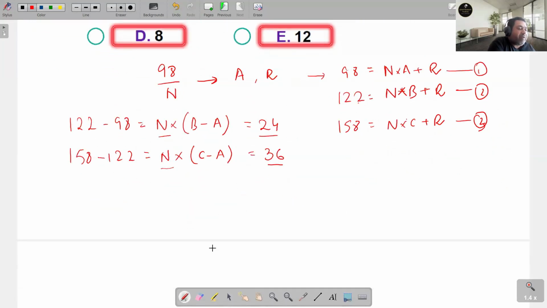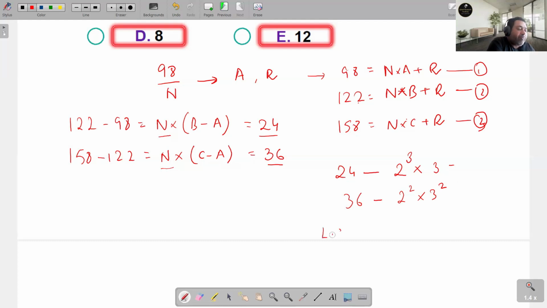To find the HCF, we can make it out that it is 12, but let's say we do not know. So what we can do is take 24 and prime factorize it. We'll get 8 times 3, which is 2 cubed times 3. And for 36, we'll take 4 times 9, which is 2 squared into 3 squared. And we'll take the common primes. So the common primes are 2 and 3 both, and we'll take the smaller powers of these 2 primes.